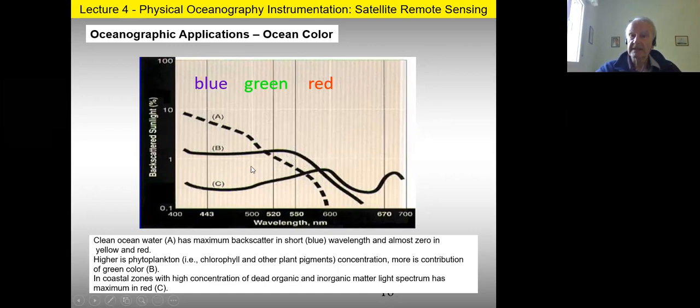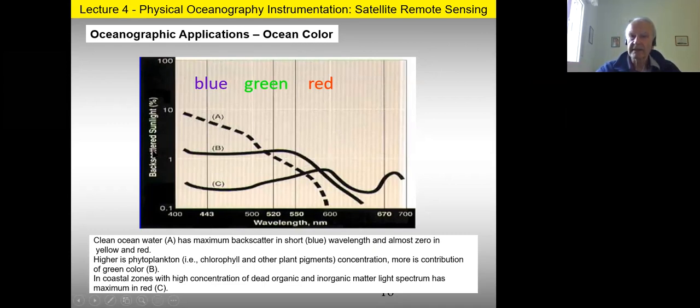So this part here is due to the presence of phytoplankton. In a coastal zone, on the other hand, characterized by a high concentration of inorganic and organic matter, where organic matter is dead animals and dead plants, the reddish part of the spectrum becomes larger than any other part, with respect to the blue and green.